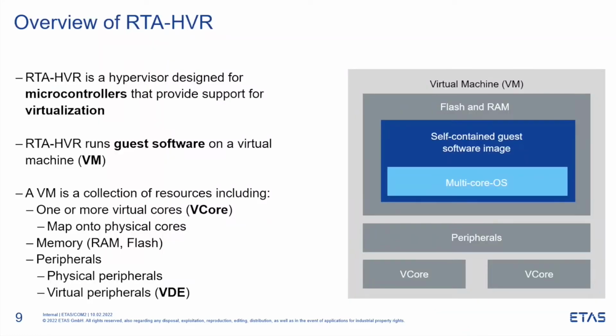To start with some terminology, we have a hypervisor which is designed for microcontrollers that support virtualization. So microcontrollers, we're talking about devices that include an MPU for memory protection and not an MMU. So it doesn't provide the ability to actually virtualize address spaces, but it does provide the ability to protect address spaces.